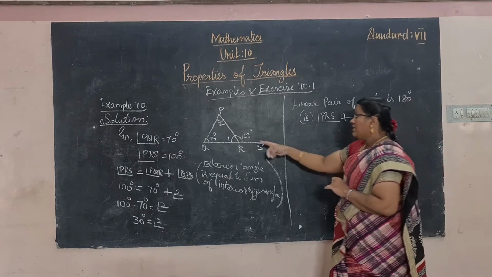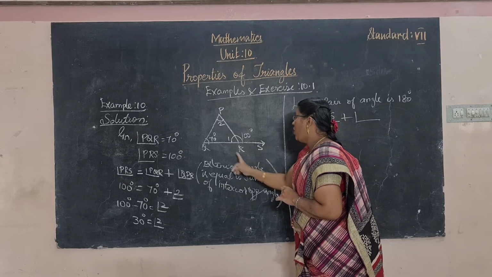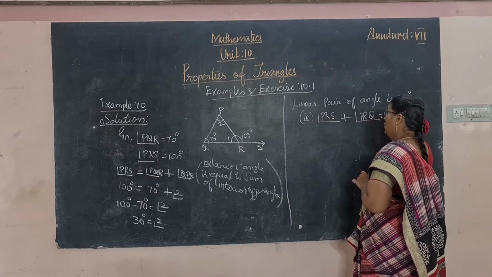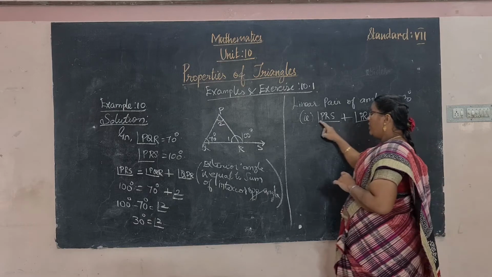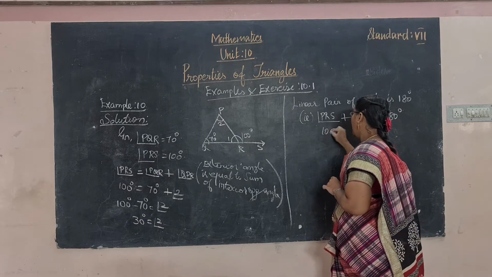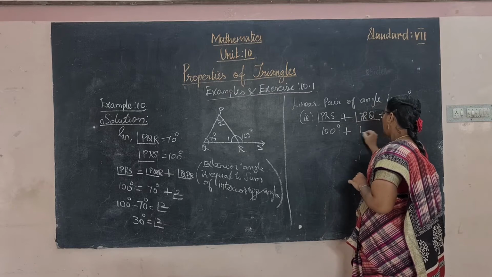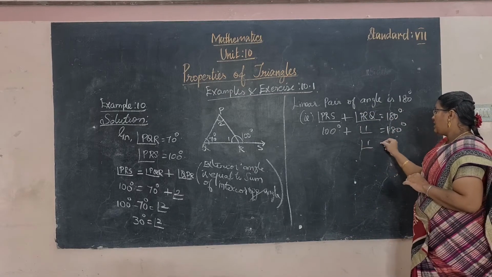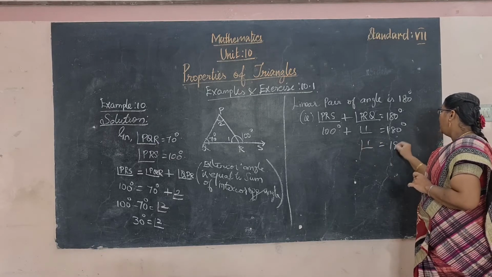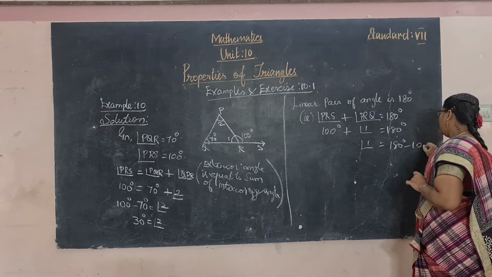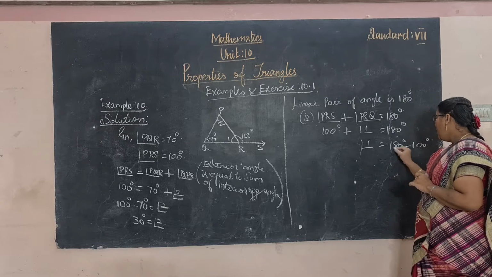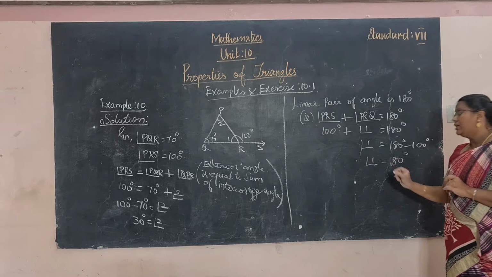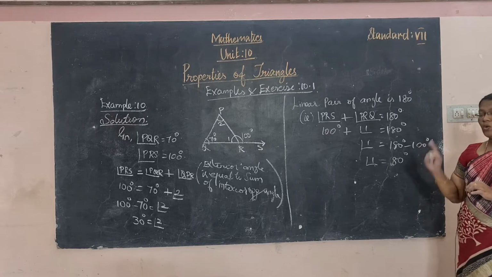What are the adjacent angles here? PRS and PRQ. PRS plus PRQ equals 180 degrees. So PRS value is 100 degrees plus angle 1 equals 180 degrees. Angle 1 stays here, 100 comes to this side by the transpose method and we subtract, it is 80 degrees. So angle 1 is equal to 80 degrees. This is one of the methods.